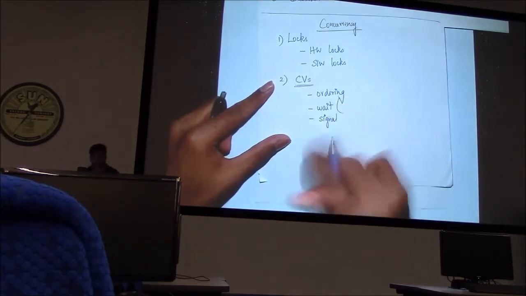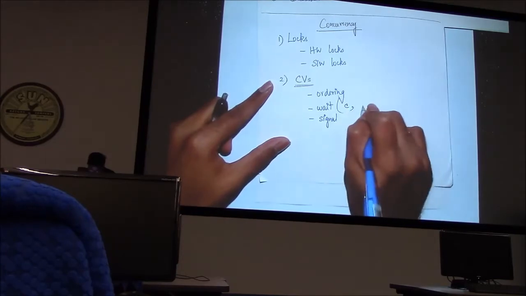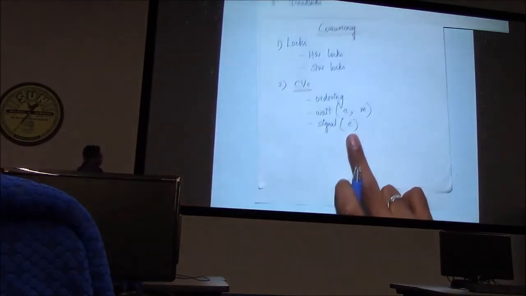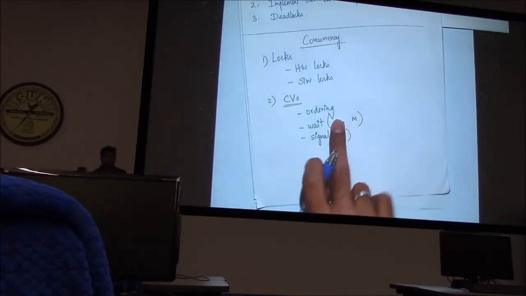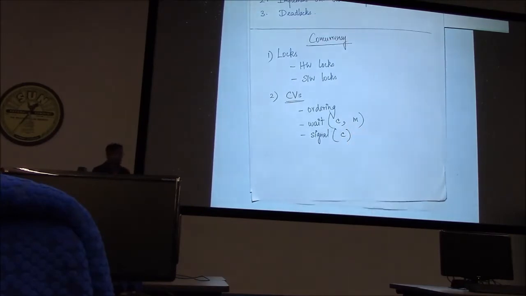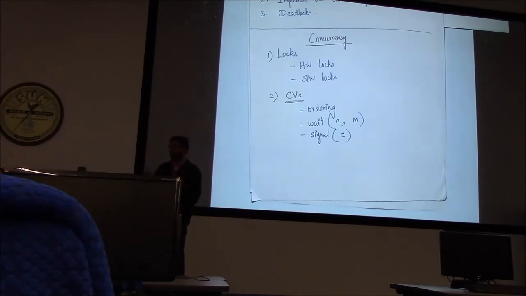If you remember, wait takes as arguments the condition variable and the mutex lock. Signal just takes the condition variable. When a thread calls wait with the condition variable and the mutex lock, we place that thread on a queue on the condition variable. A condition variable is just a queue.